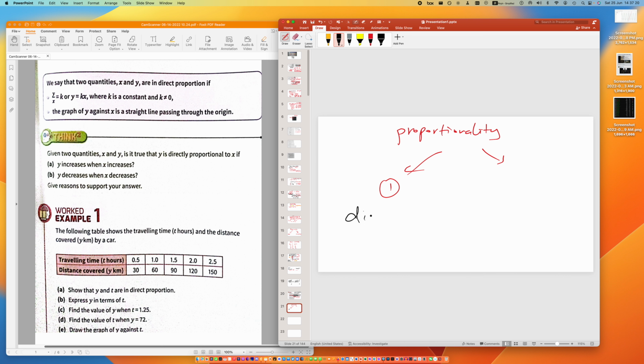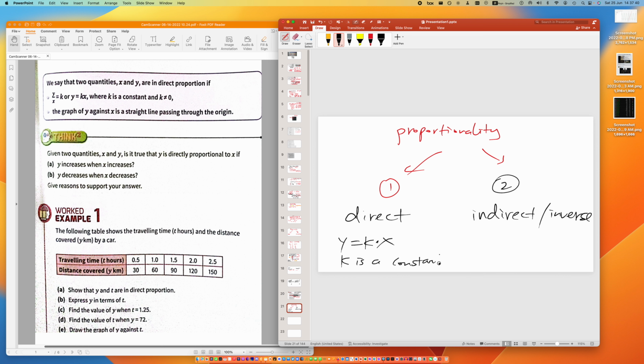Then you have the second case, which is indirect. You can call it indirect, or you can call it inverse. For direct, there is a formula, y equals kx, and k is a constant. So what is a constant? A constant is a whole number.